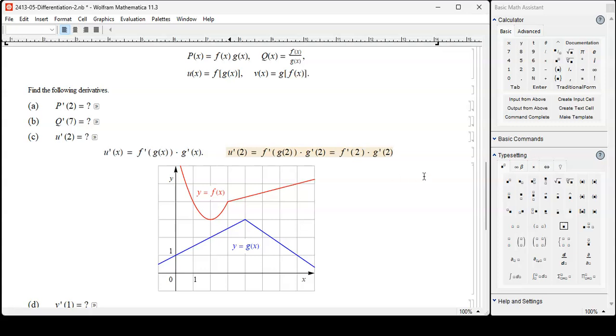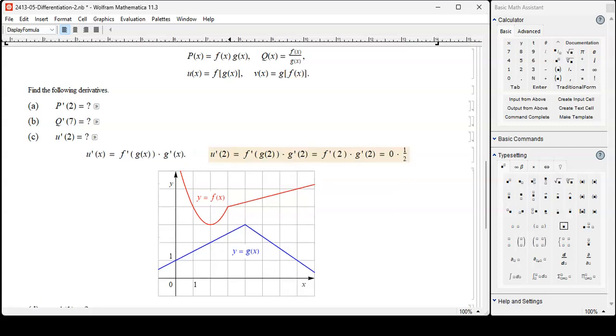Okay. Now, what is f prime of 2? That height. Oh no, excuse me, f prime of 2, that slope, right here. That's 0. And then g prime of 2 is just the slope here. It's going to be 1/2, but it doesn't matter.